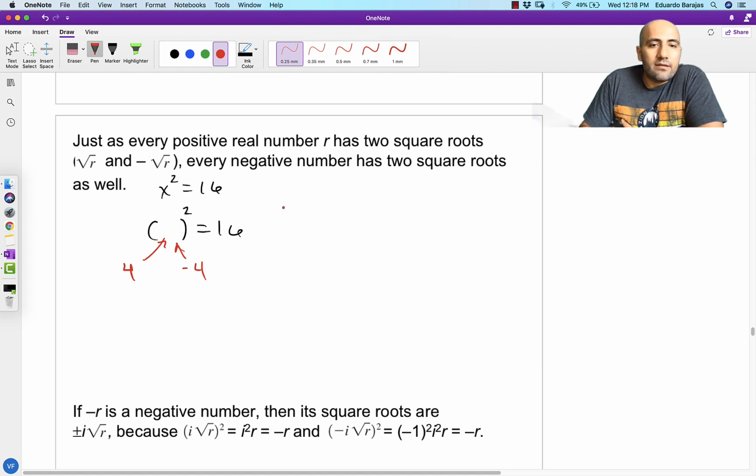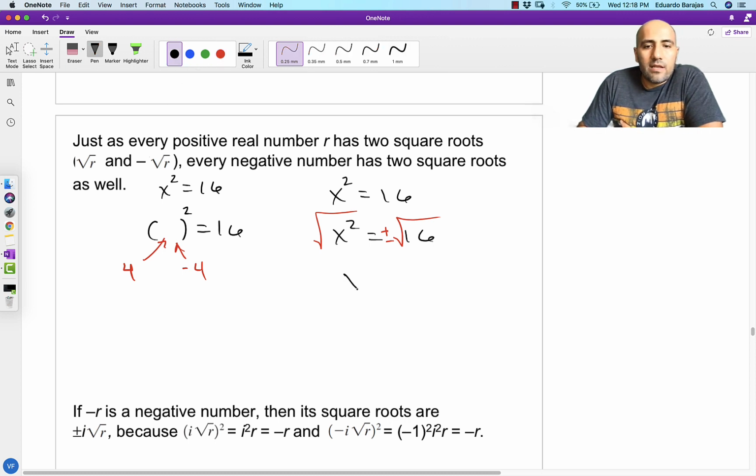When we solved it, right, if we had x squared equals 16, and then we took the square root of both sides, let's take the square root of this, square root of that. We have to introduce the plus or the minus. And so we end up with x equals plus or minus root 16. Obviously, root 16 is just 4, so then we would just say that x equals plus or minus 4.